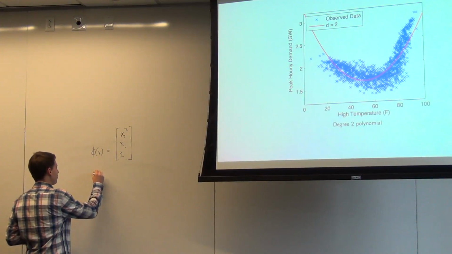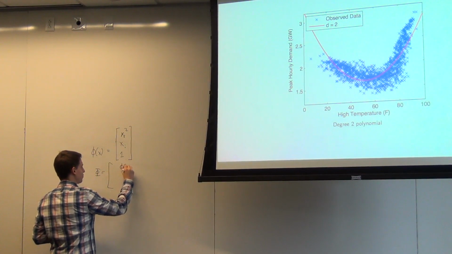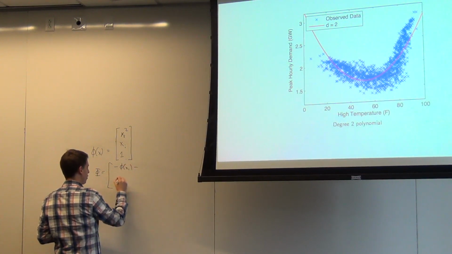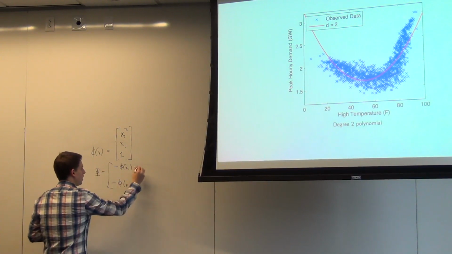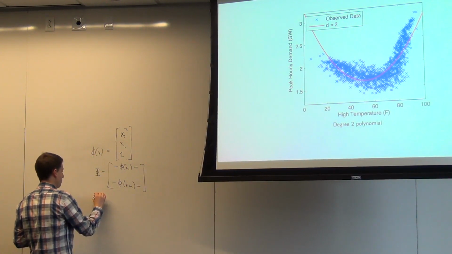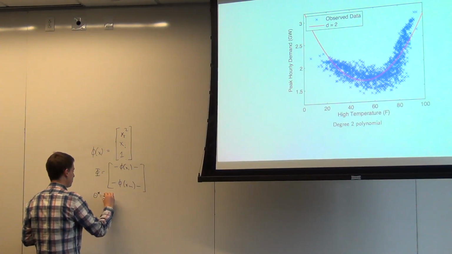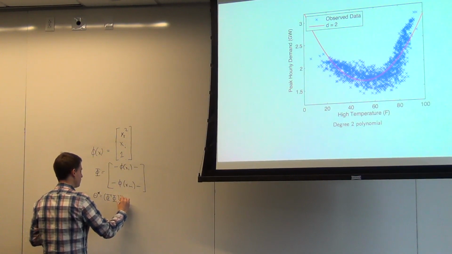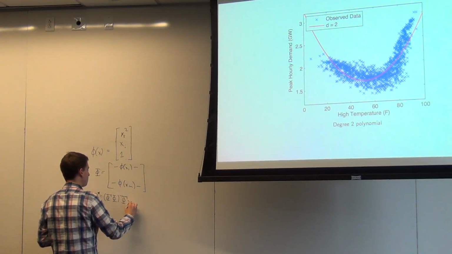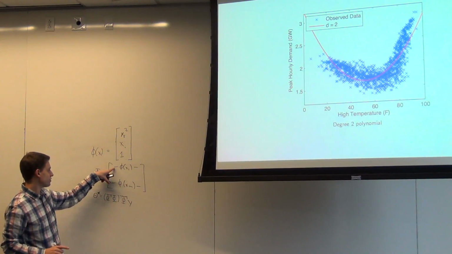We just form this matrix phi, which has, you remember, phi of x1 on the first row, all the way up to phi of xm on the last row. And then I'm going to set theta star to be equal to phi transpose phi inverse phi transpose y.